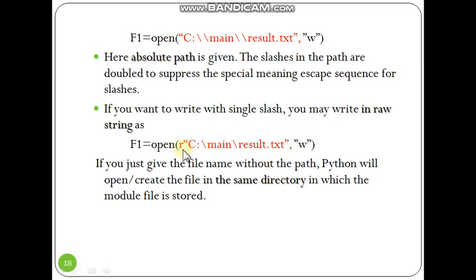Just prefix an r at the beginning of the file name, so that it is a raw string and will be treated as it is. If you are giving a relative path, it will look at the current working directory.